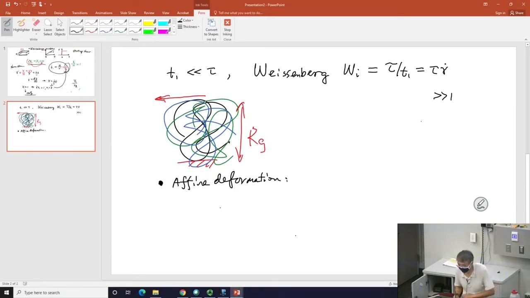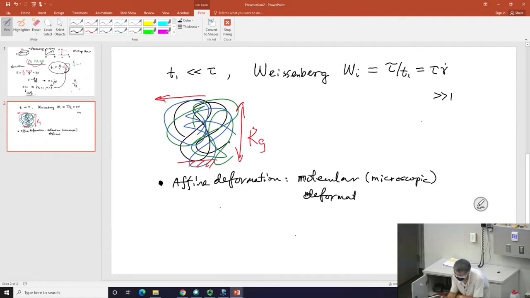Affine deformation is what I was already trying to do here: the molecular deformation follows the microscopically imposed deformation.